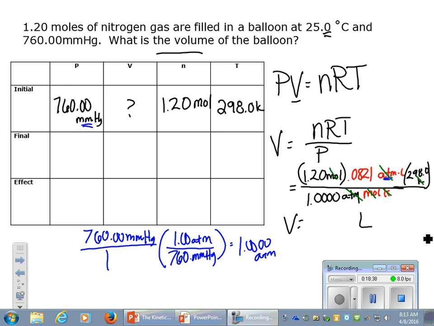So if we chug it out in the calculator, I'm getting a volume of 29. Looking at 3 significant digits because of our moles, so 29.4 liters is the answer there. Okay, so you should finish the rest of the problems that are on that note sheet and then start working on your problem set.